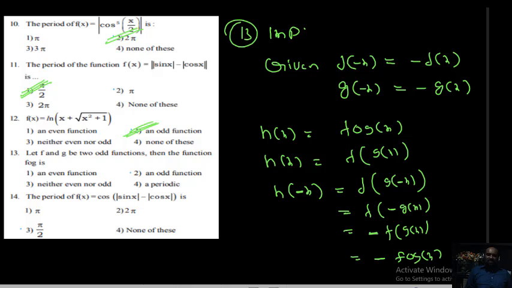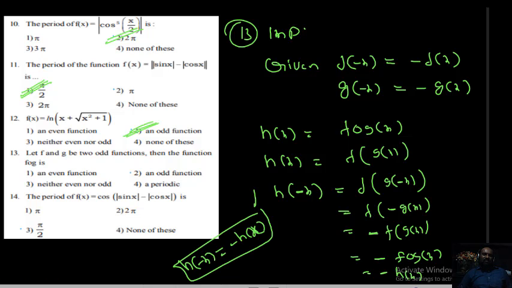That is minus h of x you got. Finally, h of minus x equal to minus h of x. What is the meaning of this? The given function is an odd function. Okay.